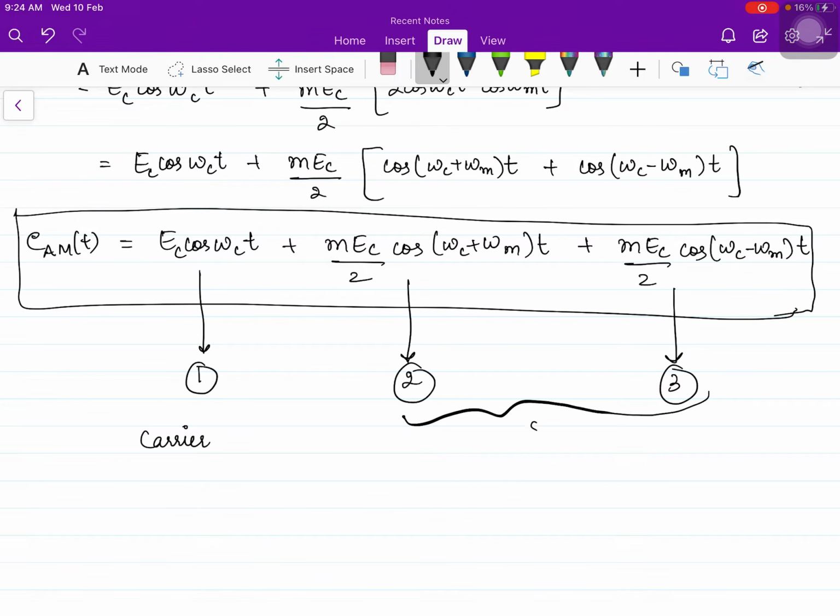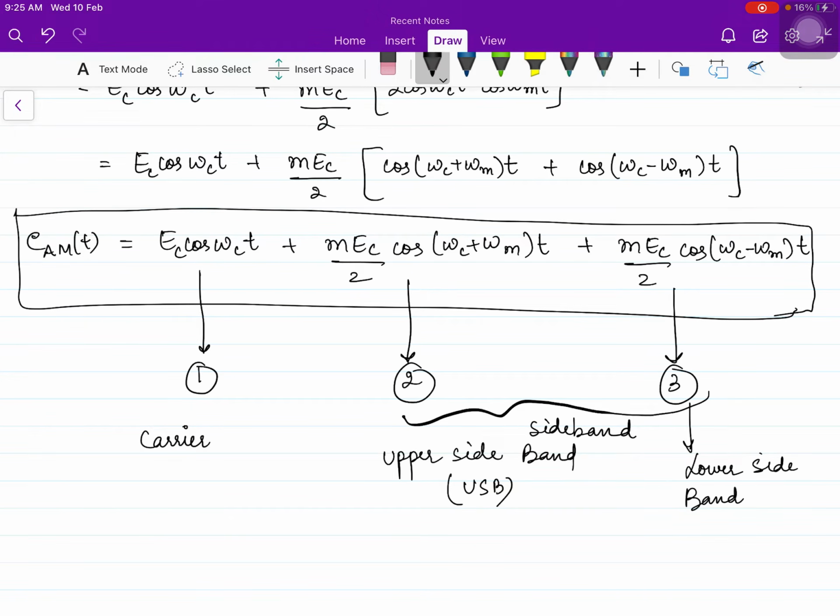They are called sidebands. The term where the frequencies are added is called the upper sideband, also abbreviated as USB. And the term where the frequencies are subtracted is called the lower sideband.